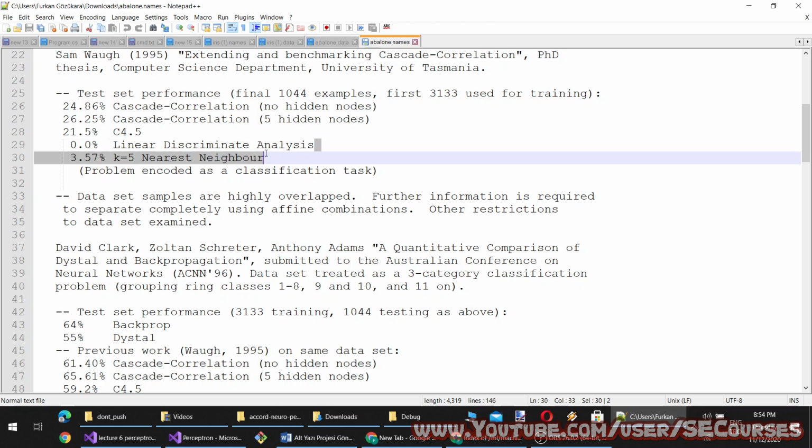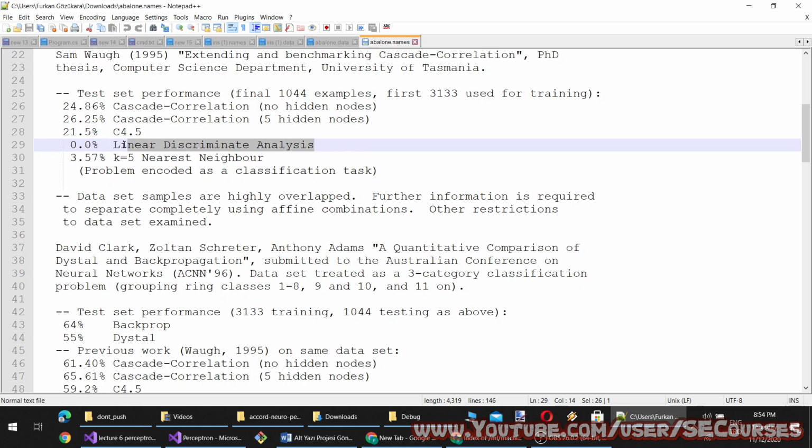With linear discriminant analysis, they have obtained 100% success, I believe. But I am not sure if these are success rates or error rates. I believe these are error rates.